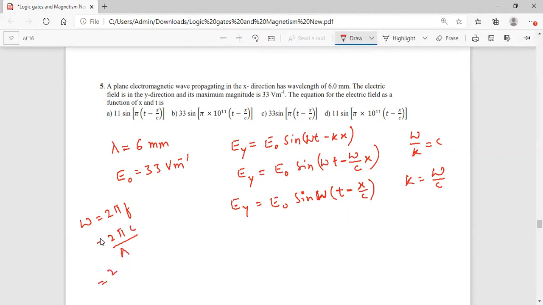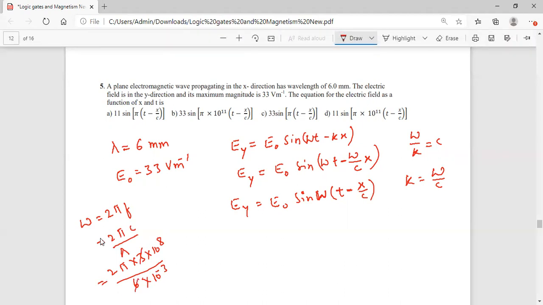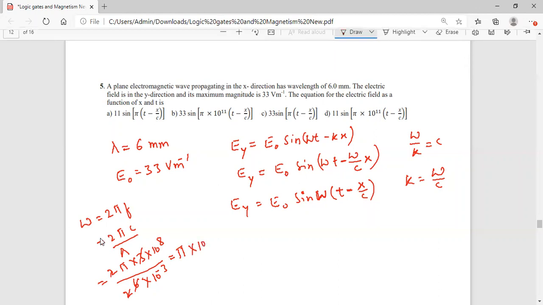So it's 2 pi into c, which is 3 into 10 power 8, divided by lambda, which is 6 millimeters, 6 into 10 power minus 3. So 3 2s are 6, 2s cancel. This is equal to pi into 10 to the power of 11. Omega is equal to pi into 10 to the power of 11.